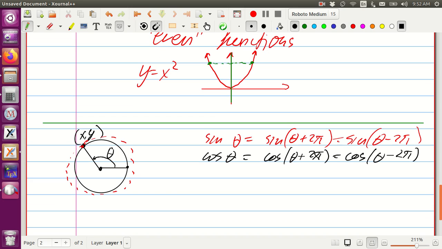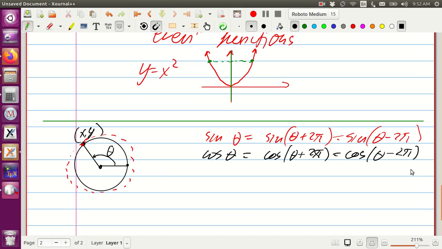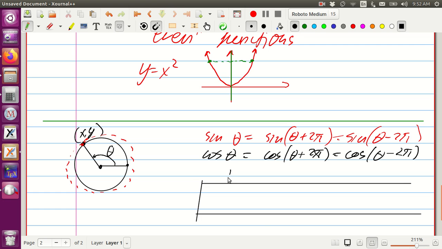But do I have to move only one circle around? No, actually I can move as many times as I want. So in general, we can say that sine of theta is equal to sine of theta plus 2 pi n, where n is 0, 1, 2, and so on, plus or minus. What does it mean? If we don't go any circles around, we just use theta, then n is 0.